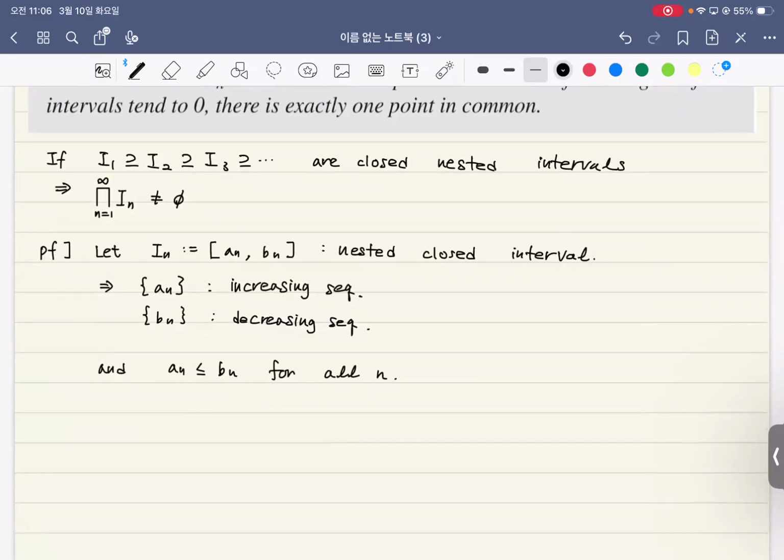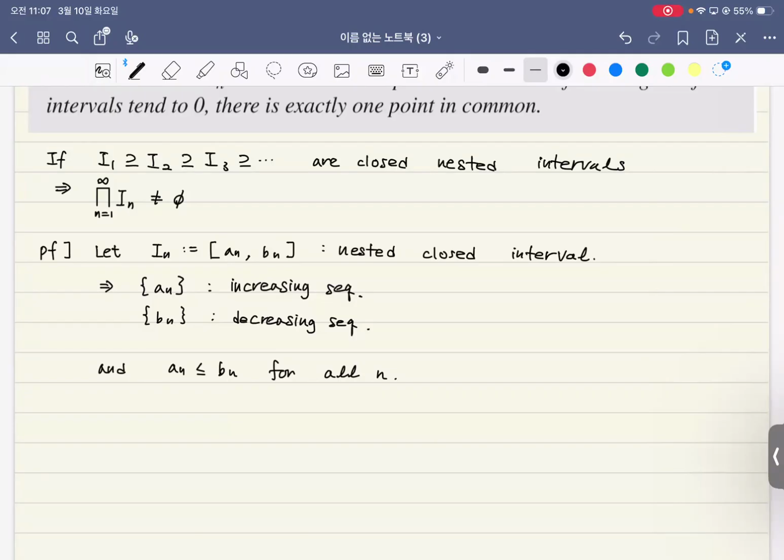I want to focus on the sequence An. An is increasing, right? But An cannot increase forever to positive infinity because, even though An is increasing, An cannot exceed B1, say. Precisely speaking, An cannot exceed any of the B's. The point is, An is increasing and bounded above. Likewise, since Bn is decreasing, Bn cannot go below, say, A1. So Bn is a decreasing and bounded sequence.